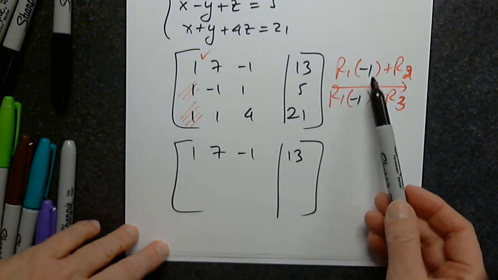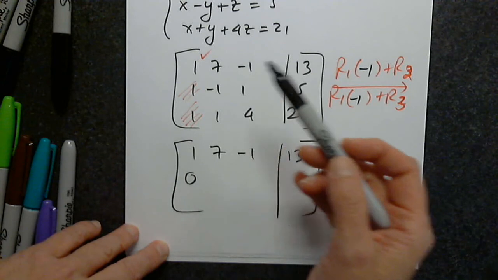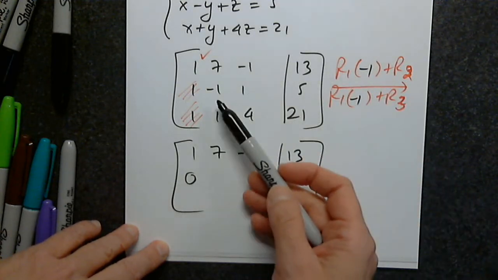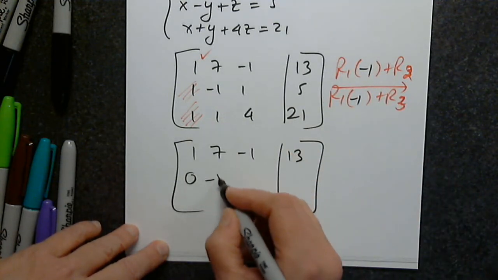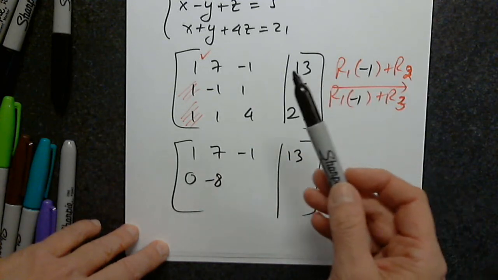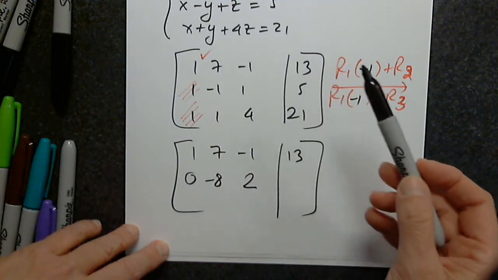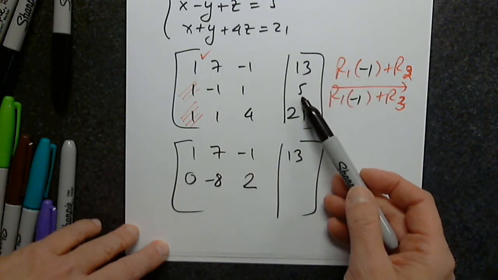1 times negative 1 plus 1. 7 times negative 1 minus 1. Negative 1 times negative 1 plus 1. Excellent. 13 times negative 1 plus 5.